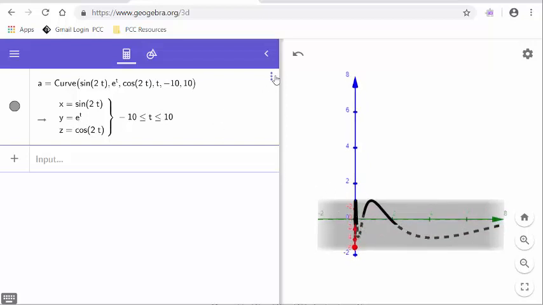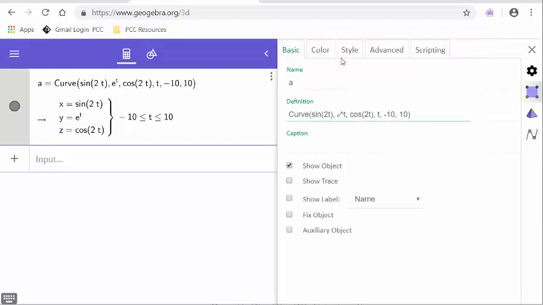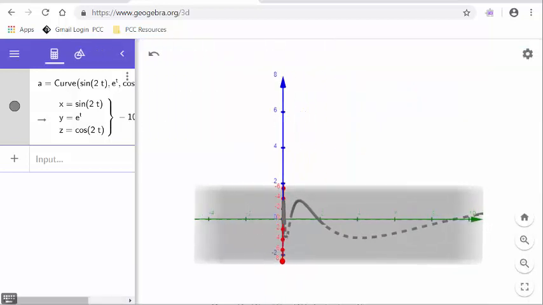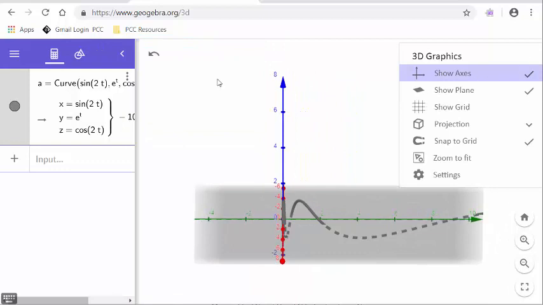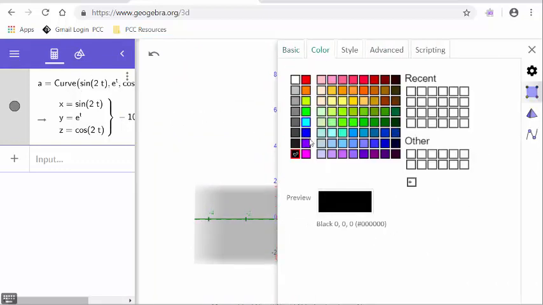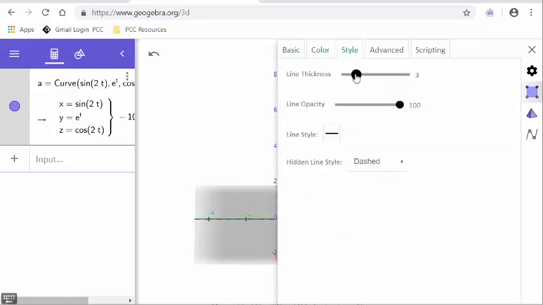So I'm going to mess with the settings here a little bit. I can go settings, and we can change the color of our line. Move this out of the way so you can see it a little bit better. Settings of this. Make it blue. Go to my style and make it a little bit thinner.